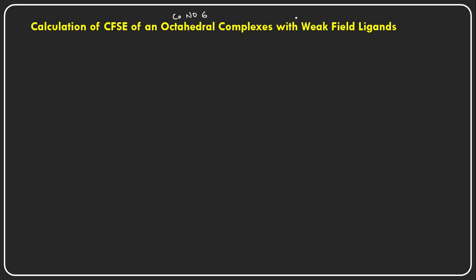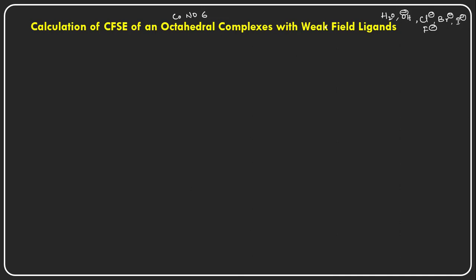And weak field ligands are such as the water molecule, OH minus ions, and the chloride ion, bromide ion, iodide ion, all the halogens including fluoride ions also. So these ligands are considered weak field ligands, as the strength of the ligands is very low on octahedral complexes.